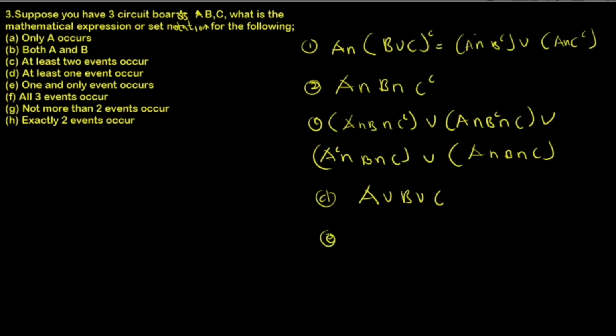With E, they're asking for one and only one event occurs.